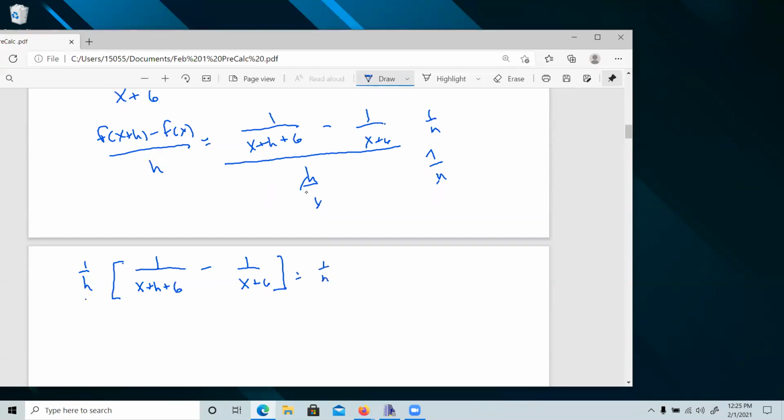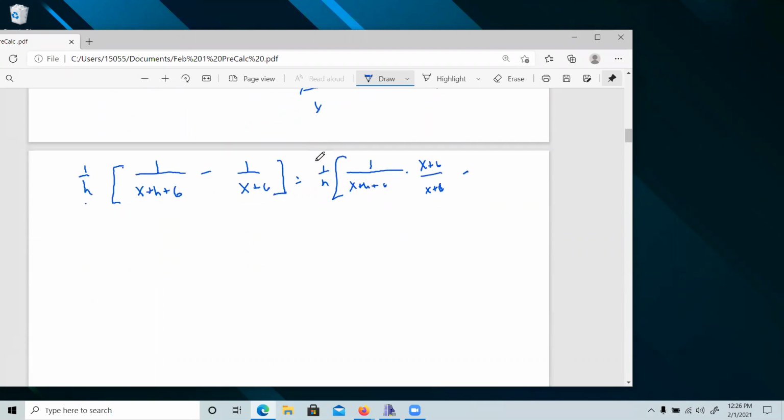So it's going to be 1 over h, and then we have 1 over x plus h plus 6 times x plus 6 over x plus 6, minus 1 over x plus 6 times x plus h plus 6 over x plus h plus 6.